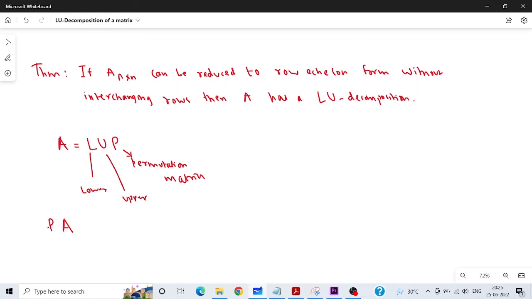Then the matrix PA satisfies the condition of the above theorem, so PA can be decomposed as LU. Since P is a permutation matrix, its inverse is also a permutation matrix. So we can write our matrix A as L U P inverse, and then we get the decomposition of A.